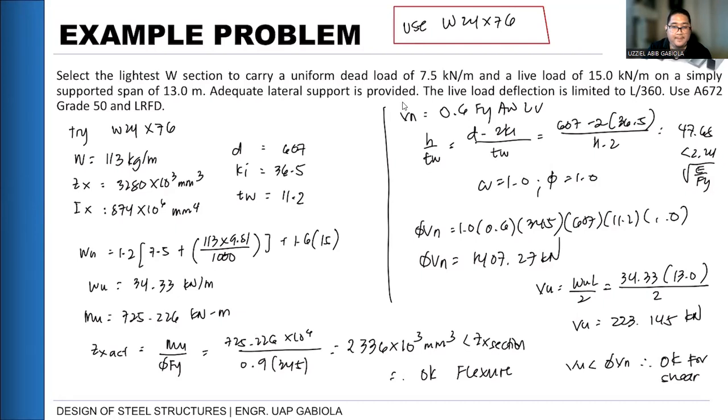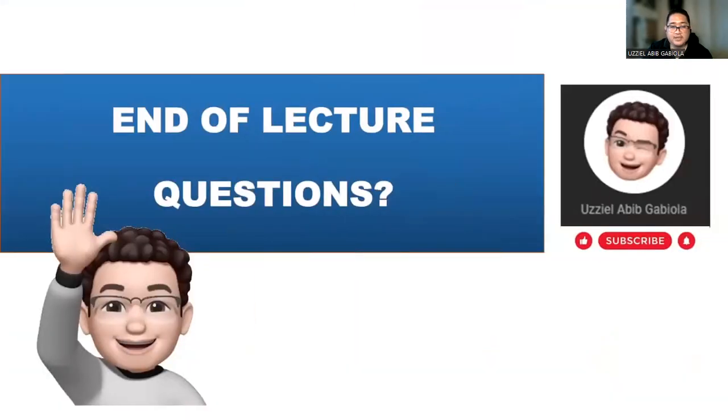Okay? Okay, so ayan. So other question anymore? Anyone? Okay, so kung wala na question, this ends our lecture for today. And ayan, yun yung kung paano mag-design ng ating flexural beam.